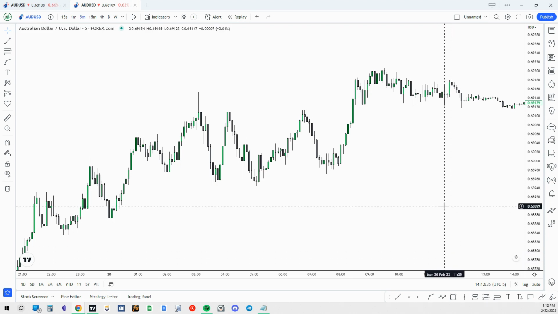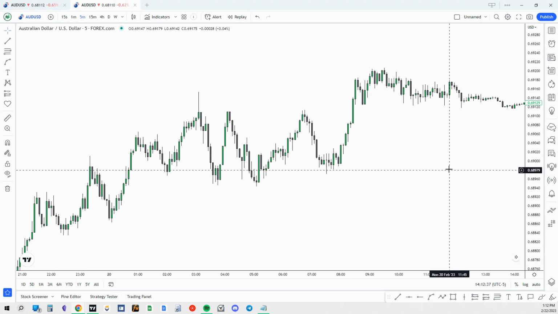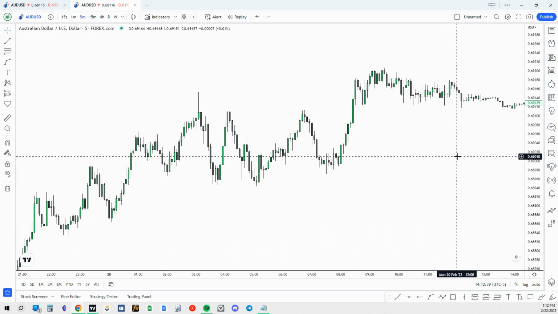Before we actually apply it to a live chart, I just want to do a quick recap of what we're looking for, because I feel like change of character can be kind of confusing. It's also something that you can see anywhere on the chart. So we're going to mostly focus on actually spotting it and applying it to our chart right now.